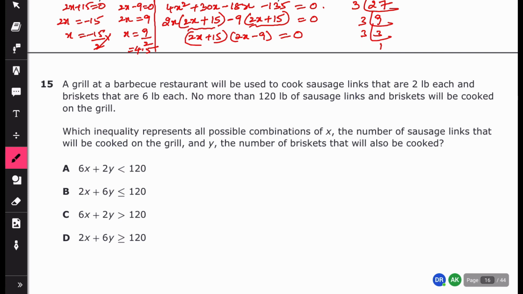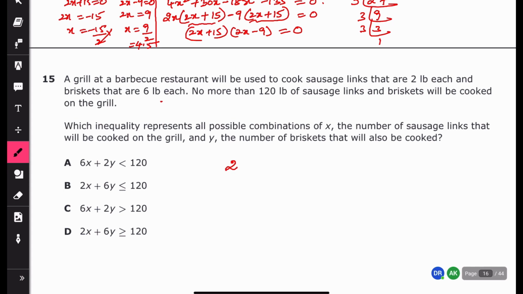So now here it's given that sausage links are 2 pounds each and briskets are 6 pounds each, with no more than 120 pounds. We'll take the sausage links as x.